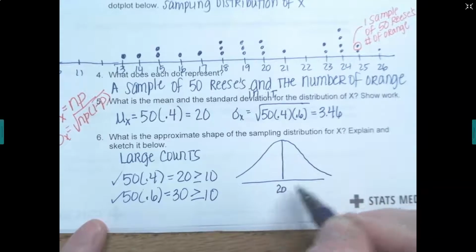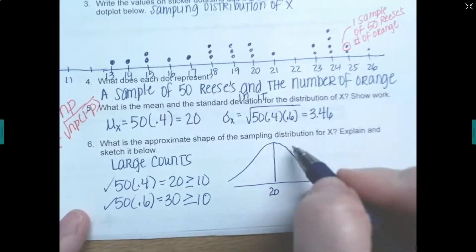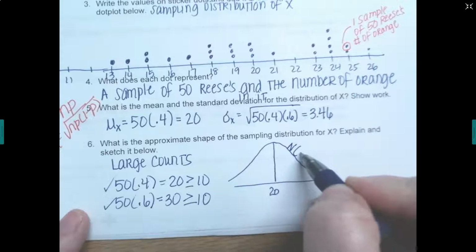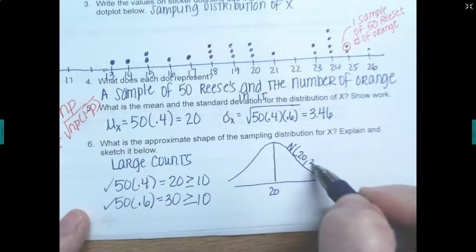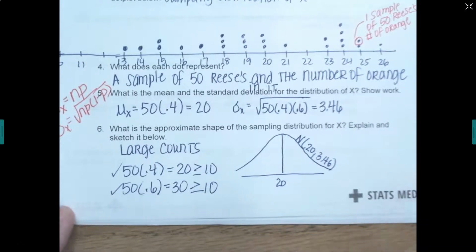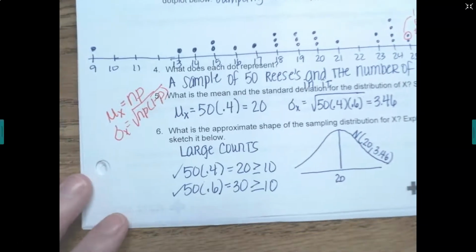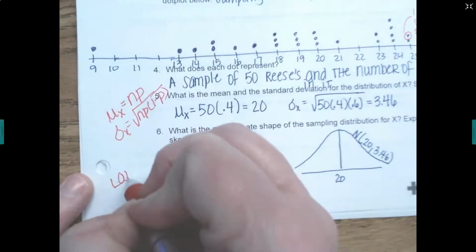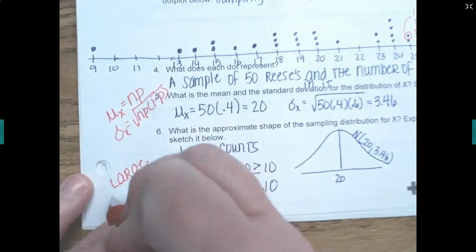So we have large counts, so that means our distribution will be approximately normal with a mean of 20 and a standard deviation of 3.46. So we would draw it like that. Mean of 20 and a standard deviation of 3.46. Okay, so all the stuff we got to bring back, even though we talked about it last semester.